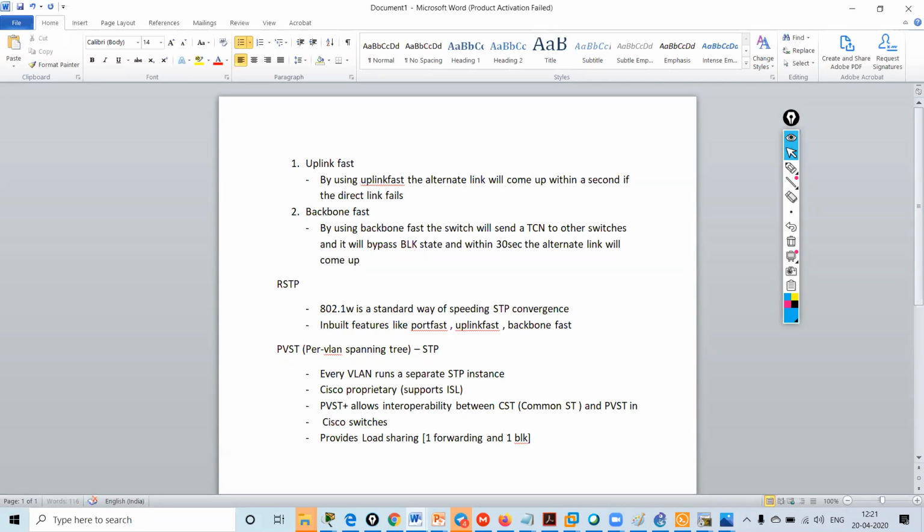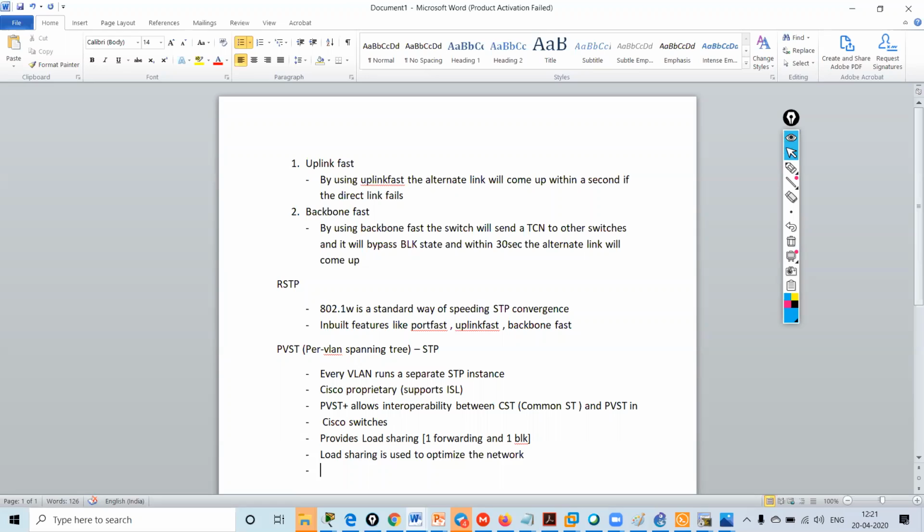Load sharing is used to optimize the network. Understood? Got it?